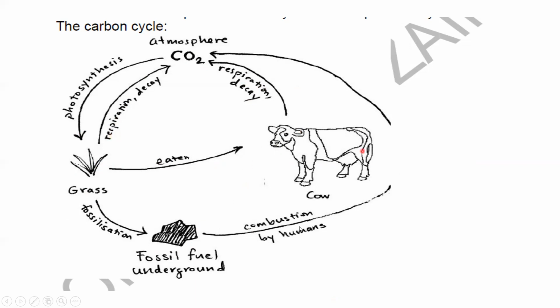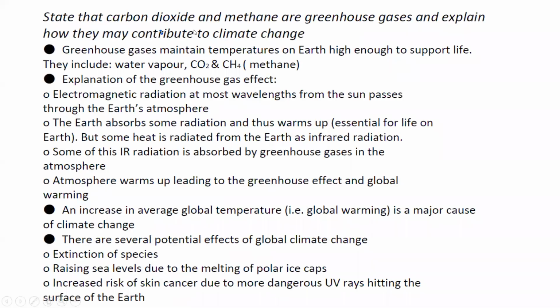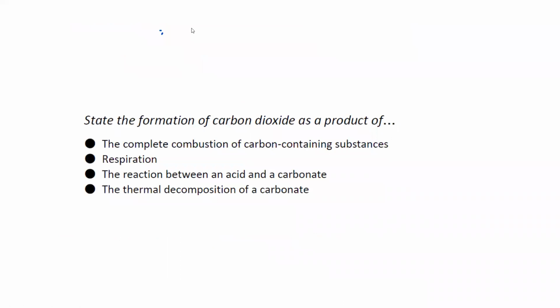So combustion increases the amount of carbon dioxide, respiration and decay increase the amount of carbon dioxide, but photosynthesis can decrease the amount of carbon dioxide in the atmosphere. So formation of carbon dioxide: when we burn something, respiration, reaction of acid with carbonate and thermal decomposition of carbonates.